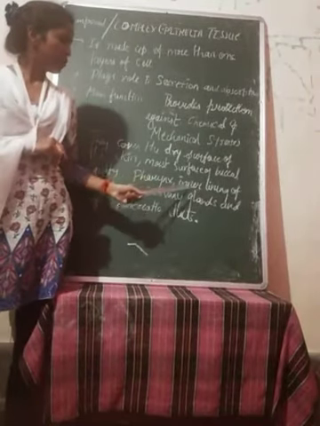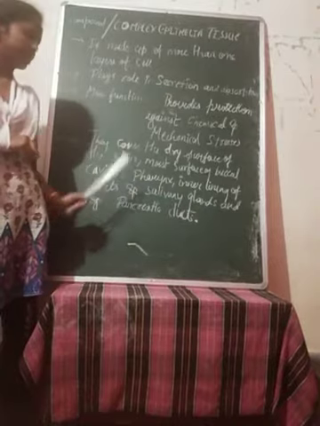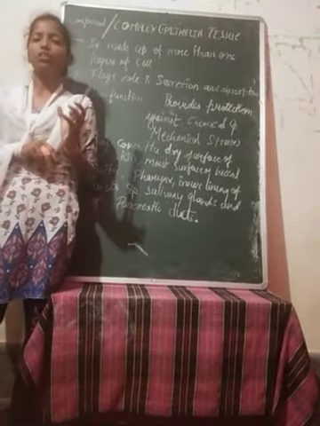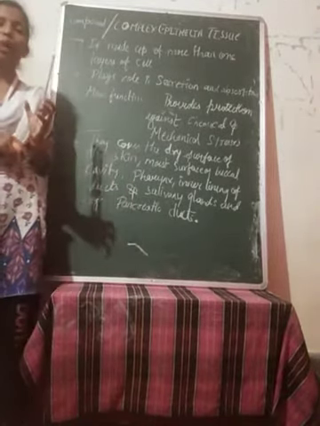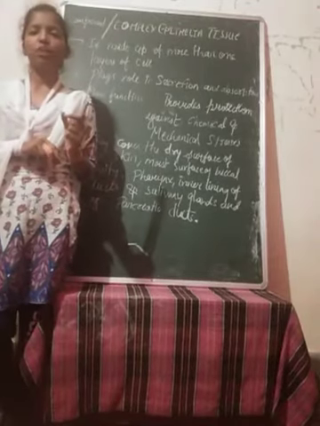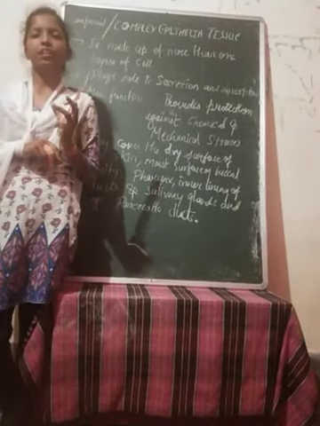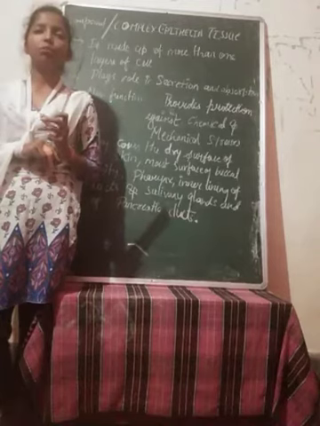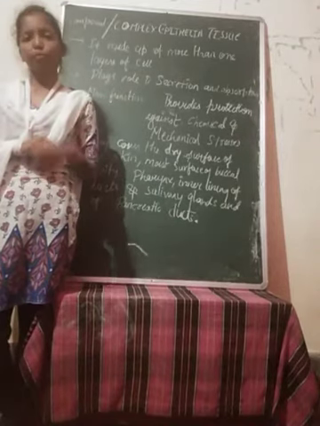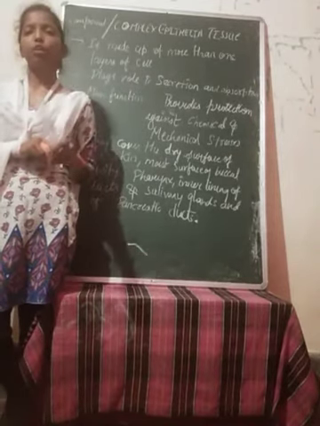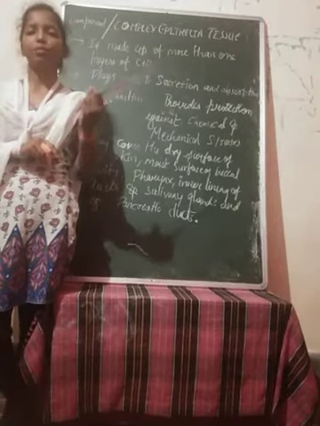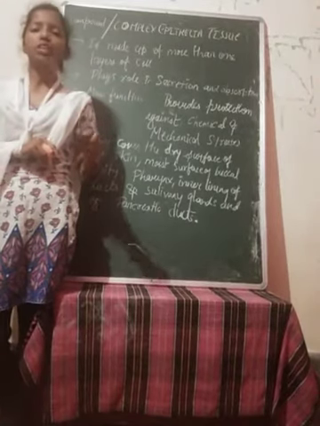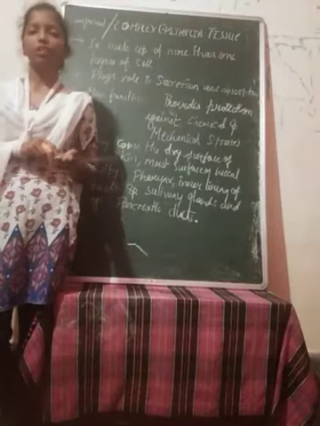The next one, the inner lining of ducts. Here, ducts mean a passage or pipe-like structure. Just like gland ducts, glands which secrete hormones. Actually, the exocrine glands have ducts for the passage or release of their secretions, right?